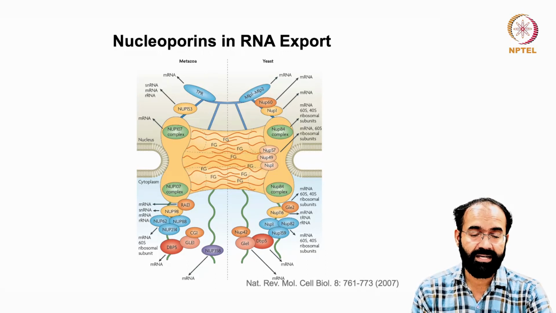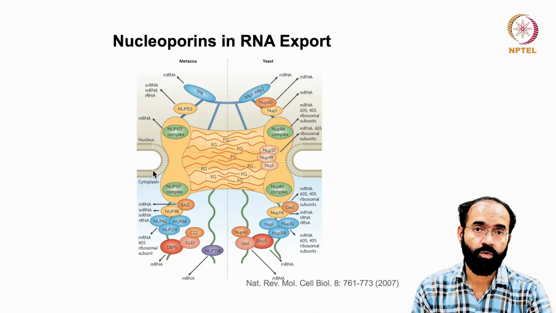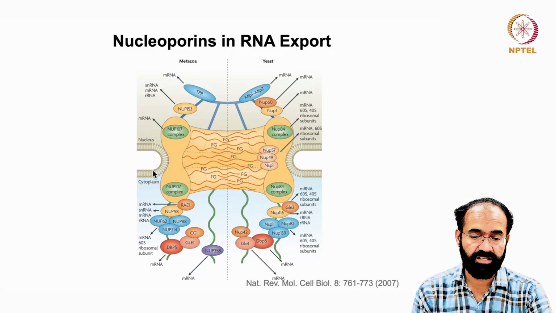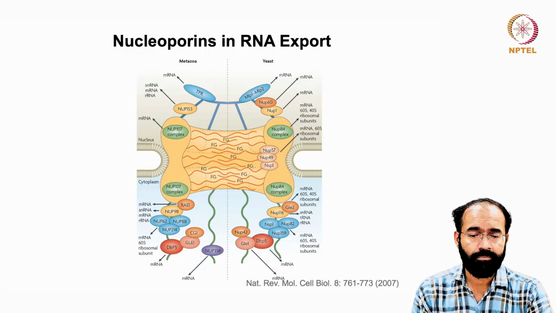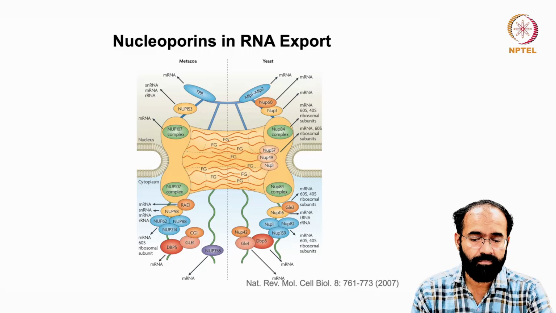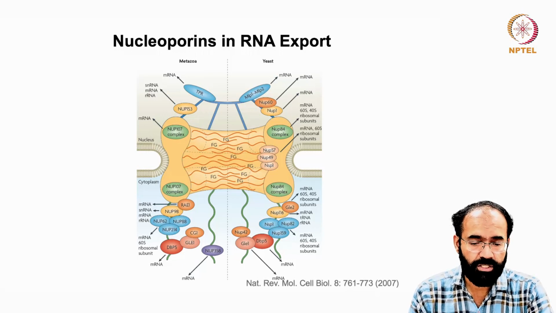So the nuclear membrane is a two-wall structure, and remember it is a three-dimensional structure. What you are seeing is a cross section, and it is like a pipe, just like a cylinder. Now you have some proteins hanging into the cytoplasm and some factors hanging into the nucleus.